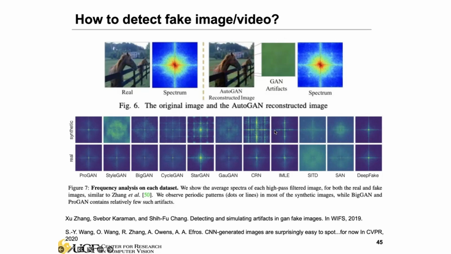So in the frequency domain, this kind of fake image can be easily detected. We can basically come up with some method to measure or detect a specific artifact in the frequency domain. Okay, so that's their approach in doing this kind of frequency analysis.